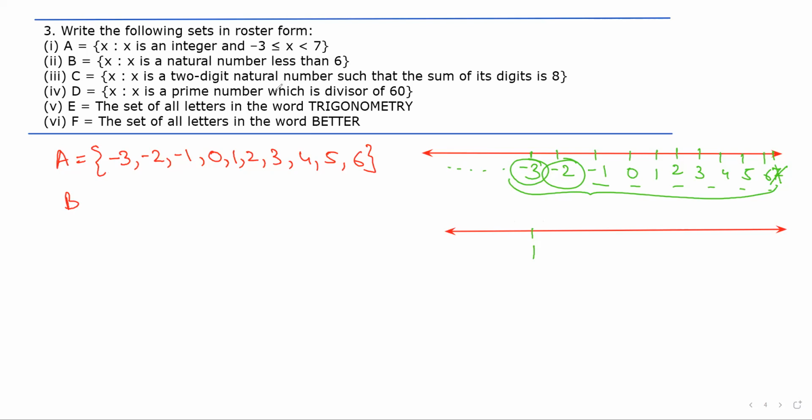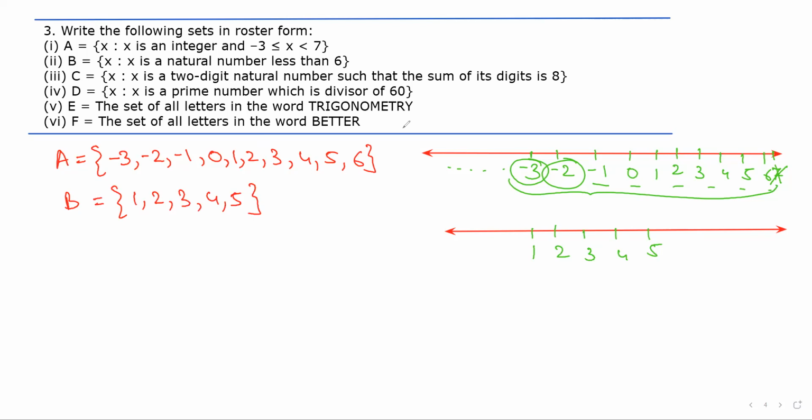So natural numbers start with 1 and go 2, 3, 4, 5. That's it. We cannot write 6 because you need values less than 6. Less than does not mean including 6. If it would have been written less than or equal to 6, then 6 would have been considered. So here set B will be equal to 1, 2, 3, 4, and 5.